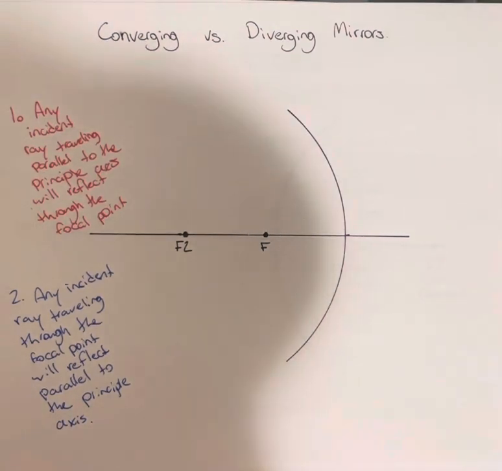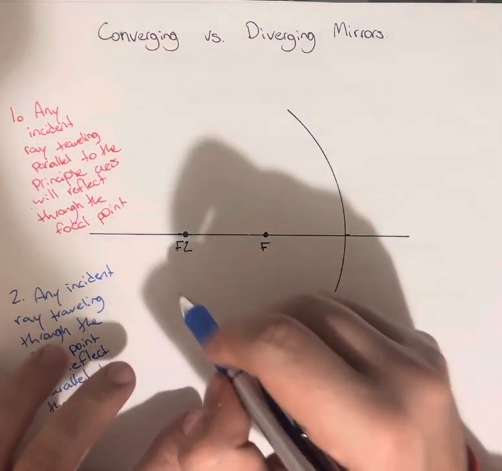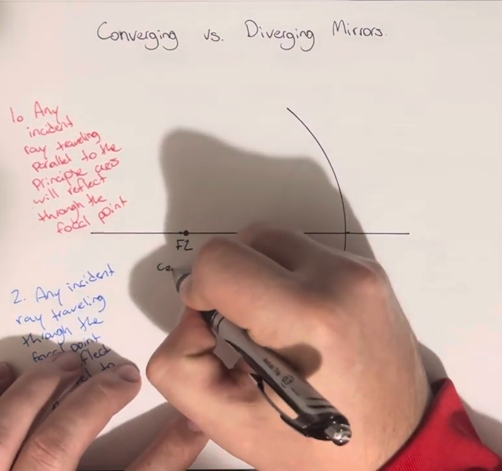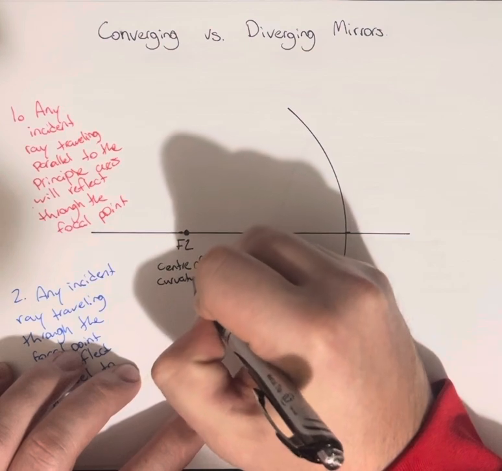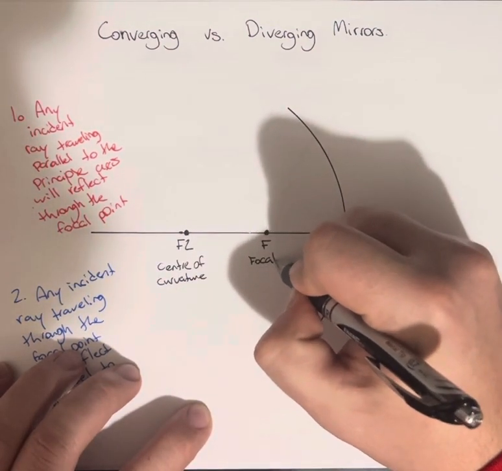So just a quick little refresher here. Obviously F2 here is our center of curvature, and F is going to be our focal point.